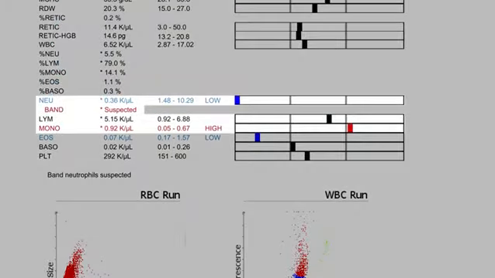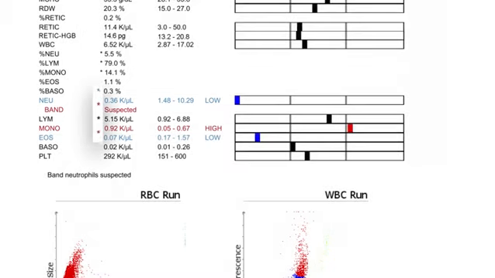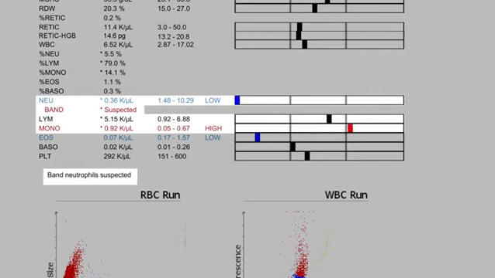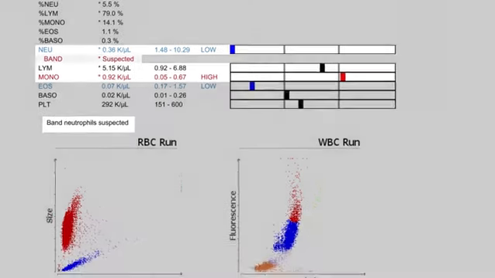In Mimi's leukogram, there is a reported severe neutropenia, a high normal lymphocyte count, and a minimal monocytosis. However, all three of these white blood cell results have an associated asterisk next to them. These asterisks indicate a recognition of an abnormal white blood cell distribution, which in this case is associated with a significant left shift, and bands neutrophils suspected is reported.